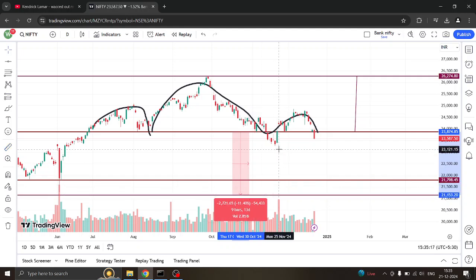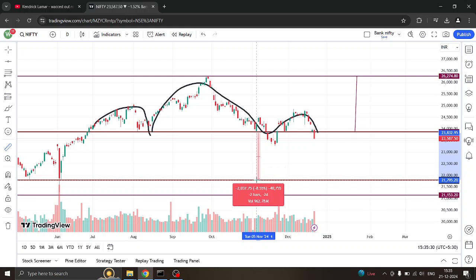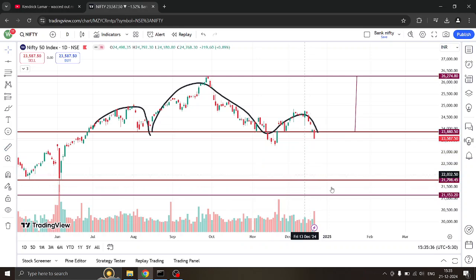As you can see, the second support line at 21,153 is giving a difference of 2,721. Earlier it was 2037. Then we can consider this range, 21,798 to 21,153, as the buying zone, the support zone.